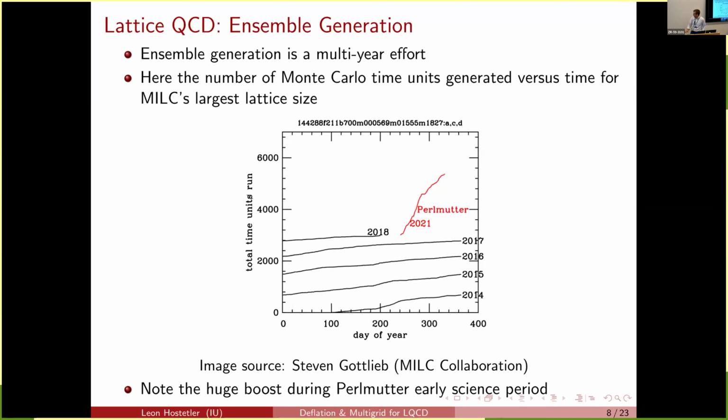So you'll see that we started generating this ensemble in 2014, and we got up to around 1,000 time units or so. What's really interesting is to see how much the slope changed in 2021 when we were running on Perlmutter early science time. So in that time, we were able to almost double the size of our ensemble. And hopefully we can do something like that again with early science time at Doudna.